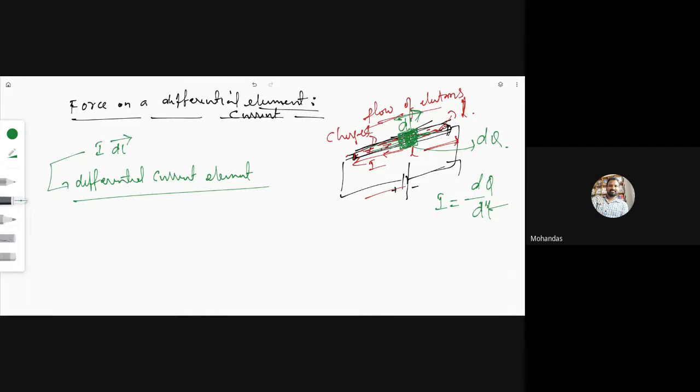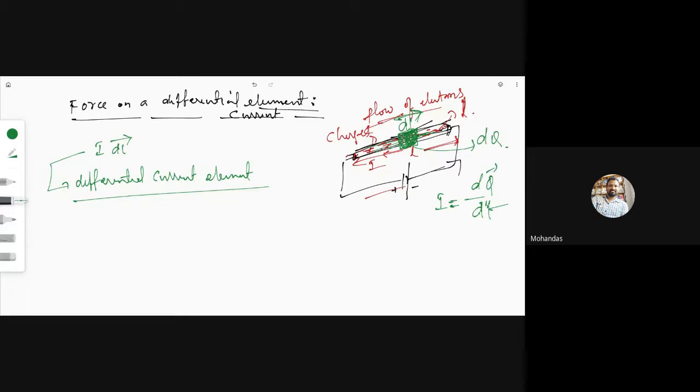I is the equation, understood? Yes, sir. Basic equation. I equal to dq by dt. What is the dq?